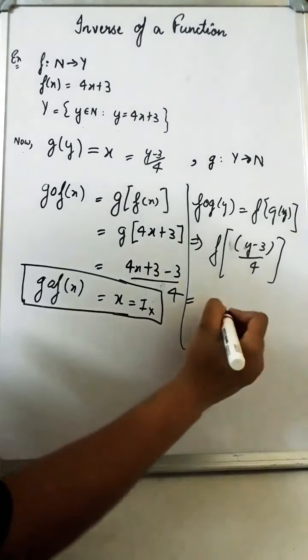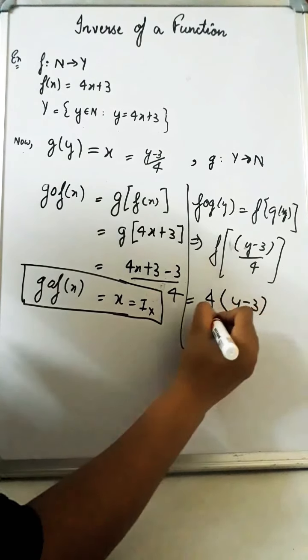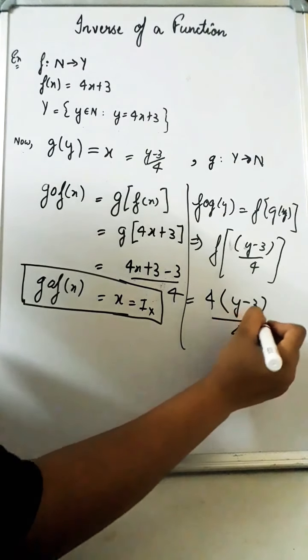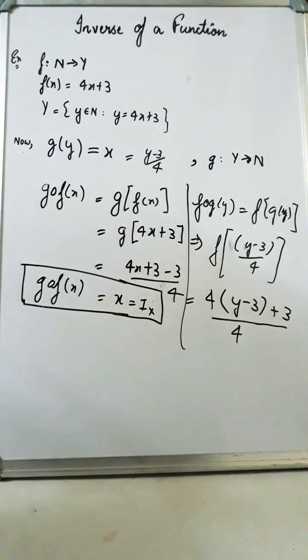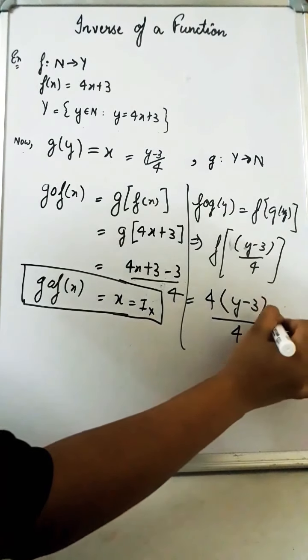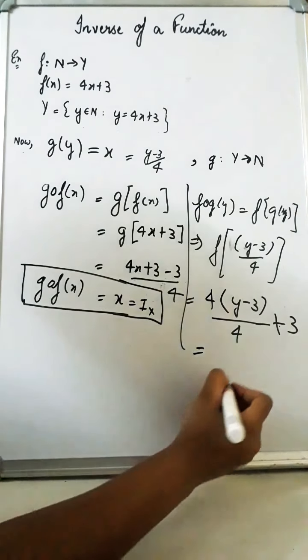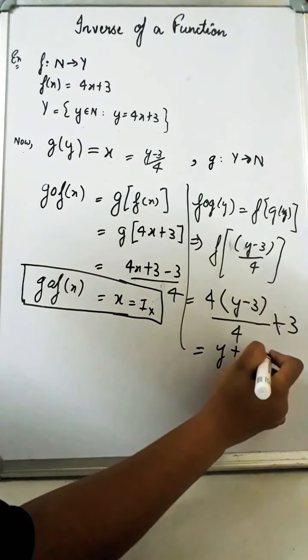So what is this? 4 times (y minus 3) upon 4, plus 3. What are you going to get here? y minus 3 plus 3, right?